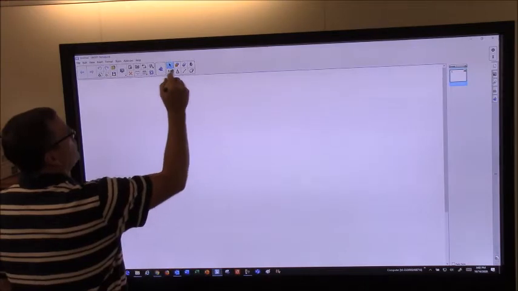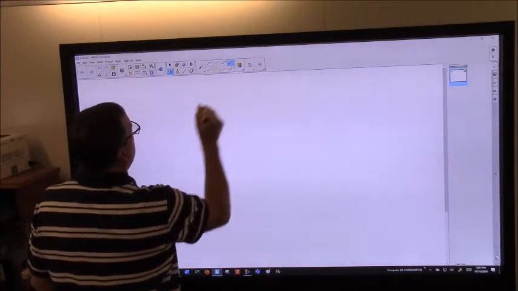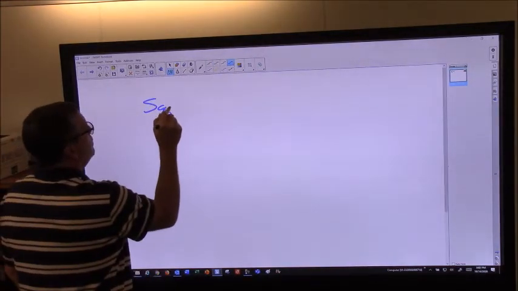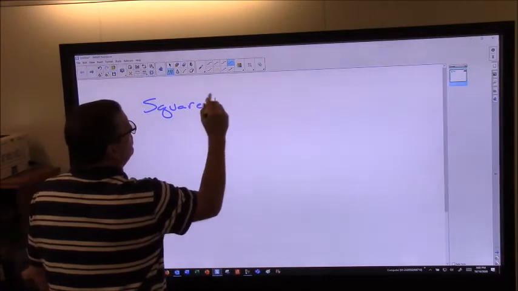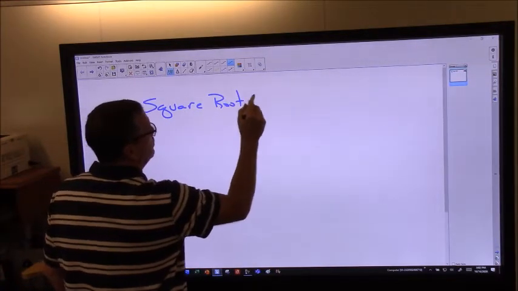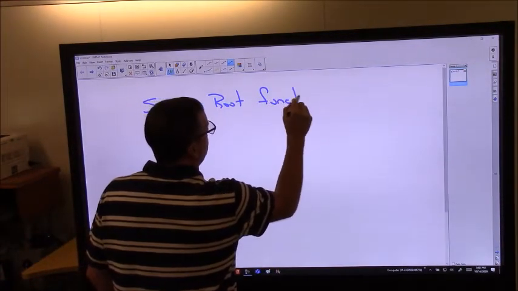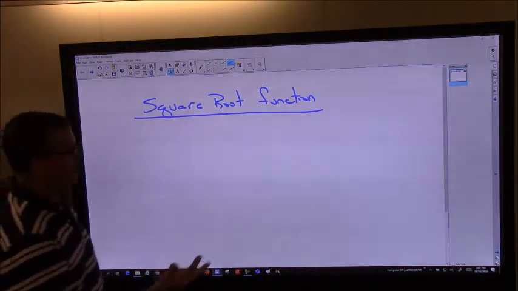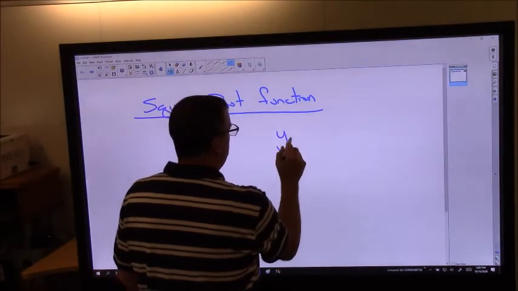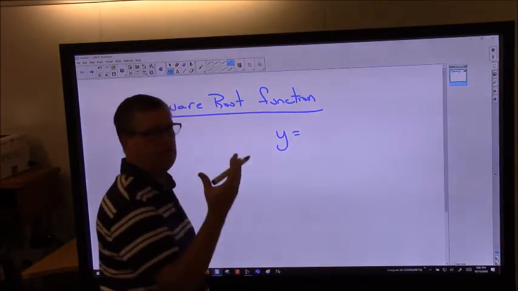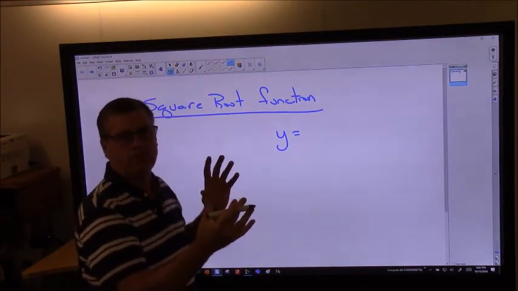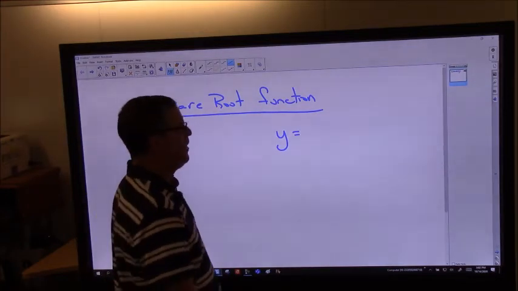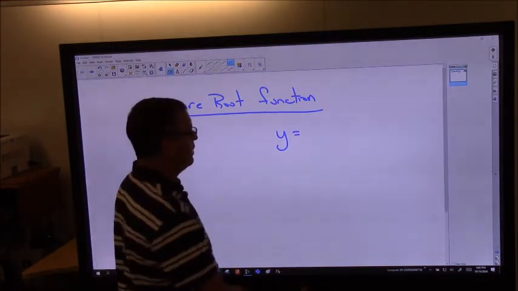So the one that we want to talk about for today is the square root function. And again, our goal is to say, what happens if I fill this equation up with numbers, put them in all the different places possible, how does it affect what this graph looks like?